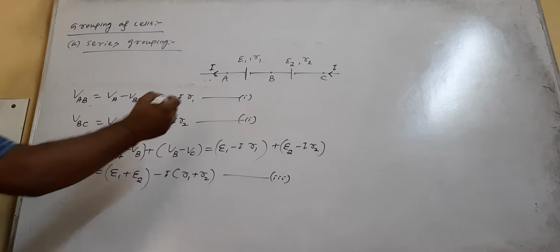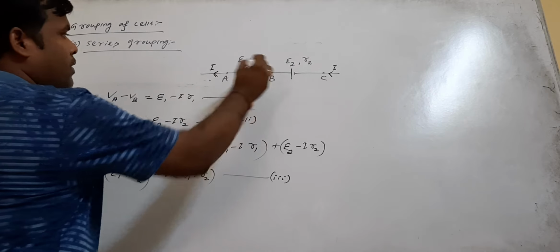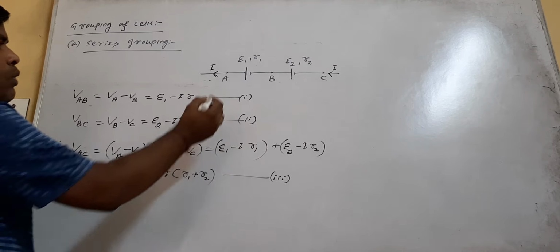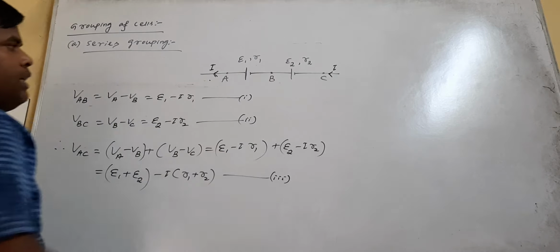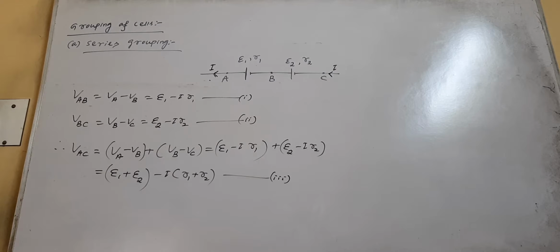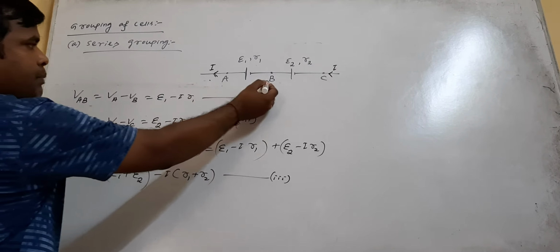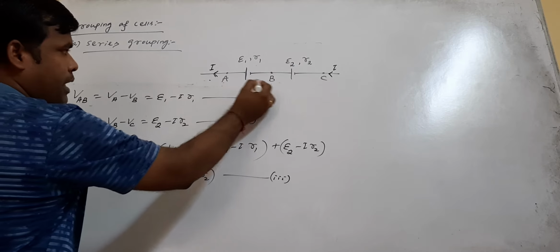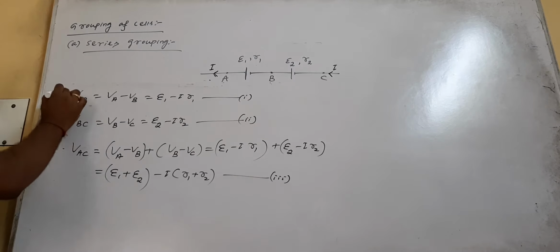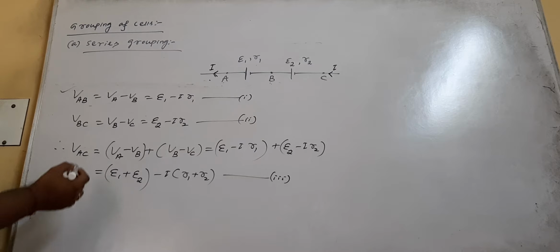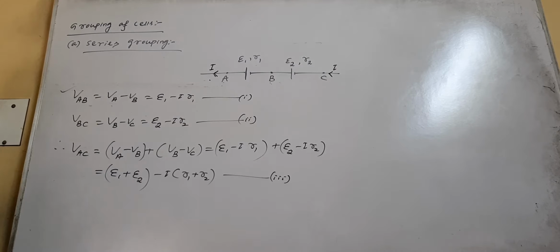So now you consider the first cell. For the first cell, what is the terminal potential difference? Let this point be A, this point be B. So terminal potential difference is VAB, that is VA minus VB.